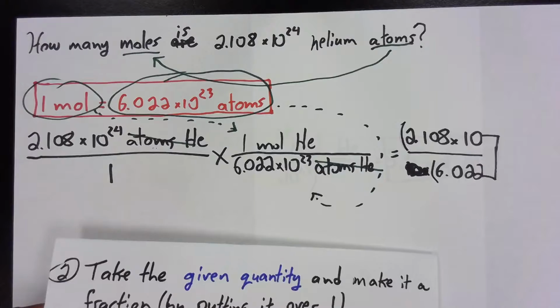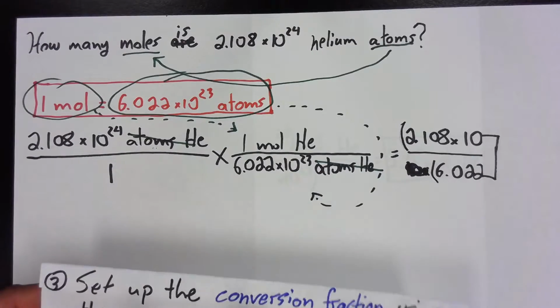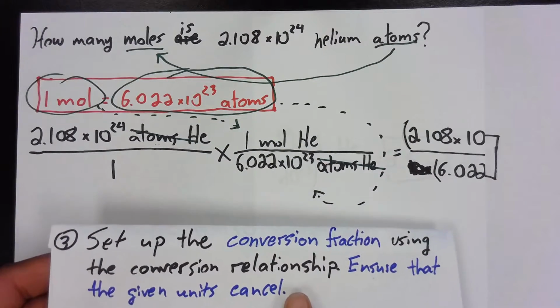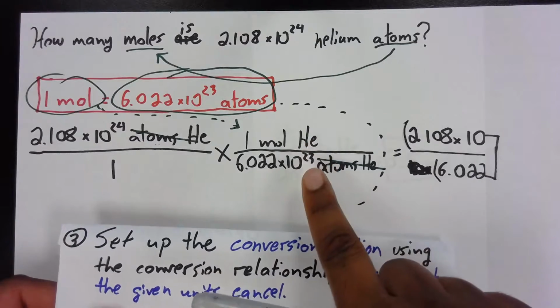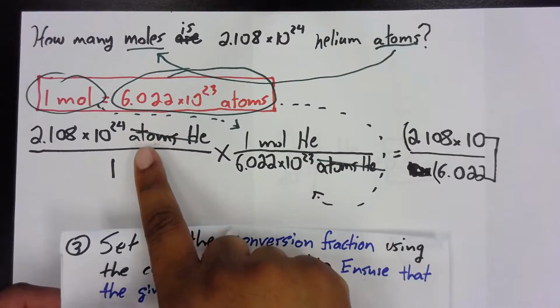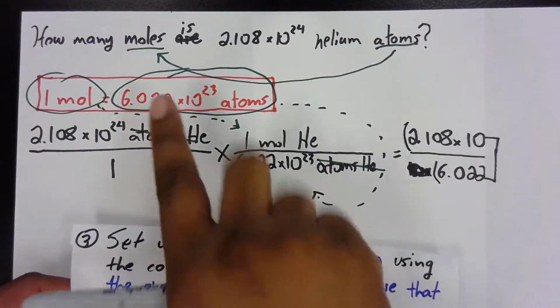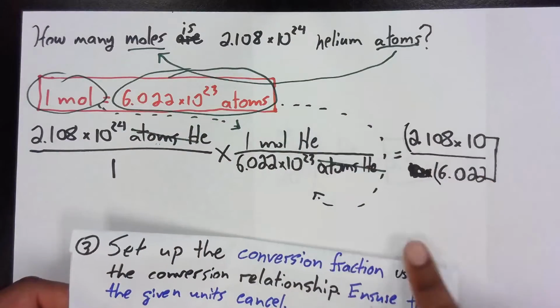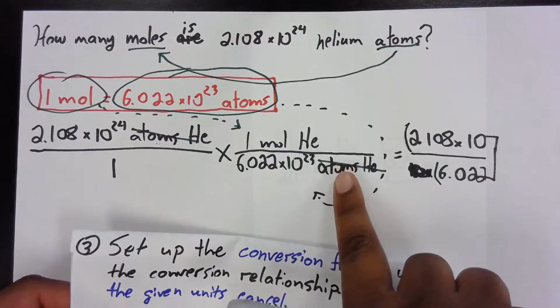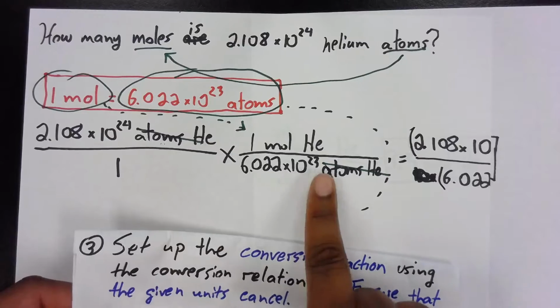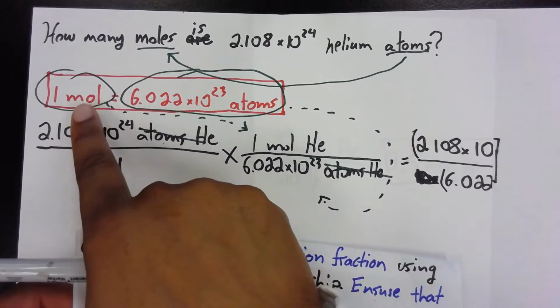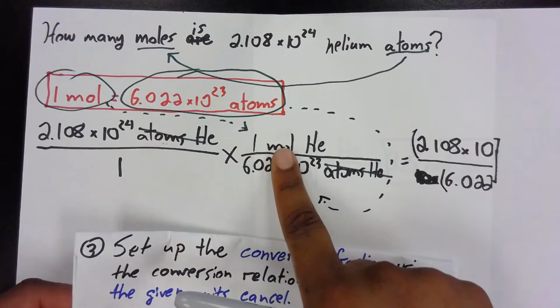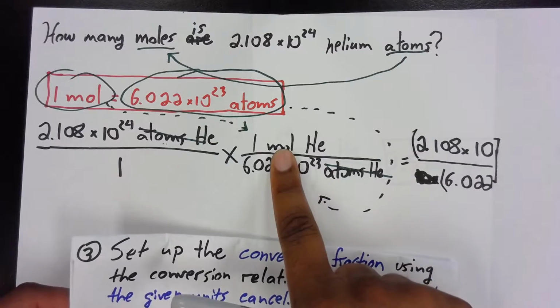And then I set up the conversion fraction using that conversion relationship. Since I saw that atoms was on top over here, I took my atoms and put them on the bottom so that they will cancel. And then I took my 1 mole and put it up top. So that's what will be left over.